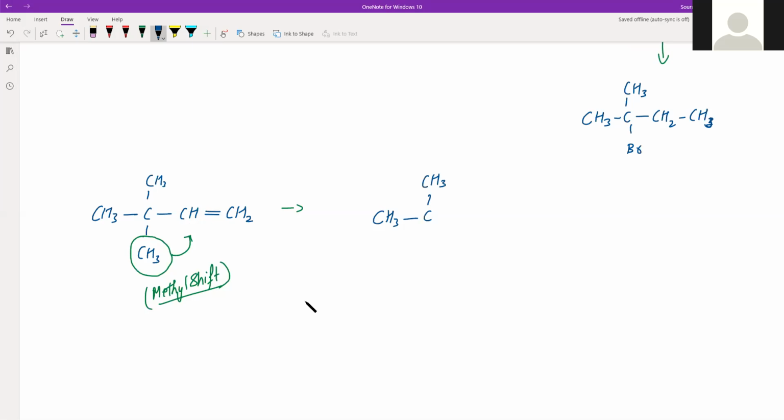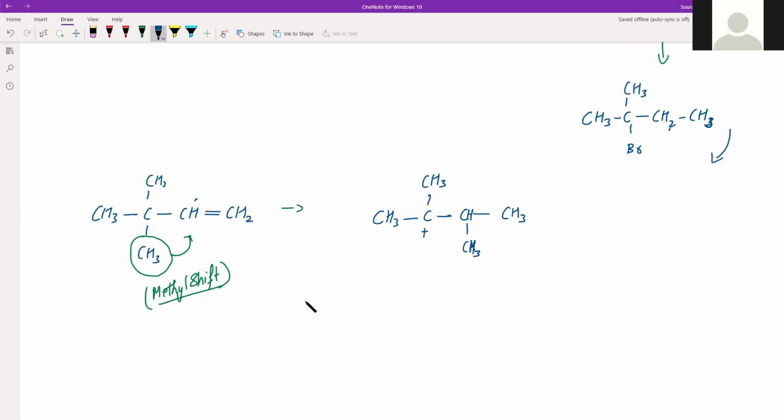This methyl will shift there. So here there will be a positive charge, and then C, and this C will have a CH3 because the methyl group has shifted. There will be H as well, which is already there, and this last one will become CH3. It is just like this. The only difference is that here instead of H2 you have one H and one CH3.